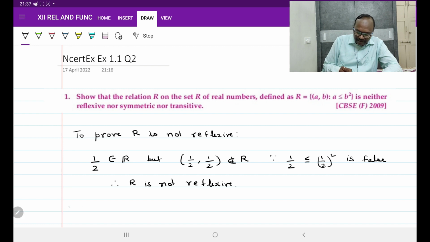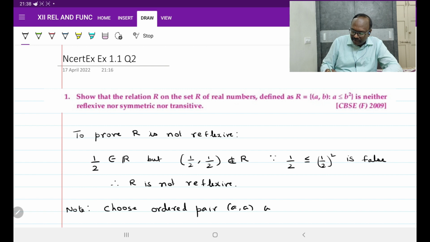So we can make a note: choose the ordered pair (a, a) where a lies between 0 and 1, or a is a proper fraction. This is how we prove that R is not reflexive.